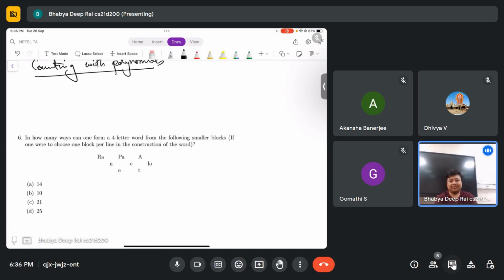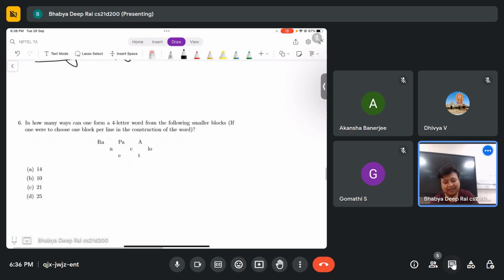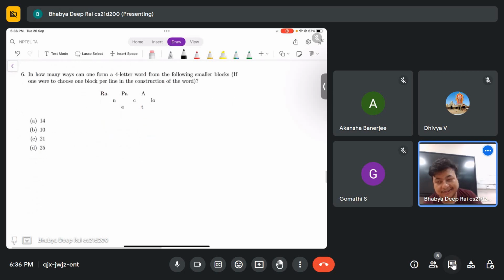So this is one way to illustrate this problem. The question says the following: in how many ways can one form a 4-letter word from the following smaller blocks if one were to choose one block per line in the construction of the word? Okay, and a similar one was done in the lectures also.